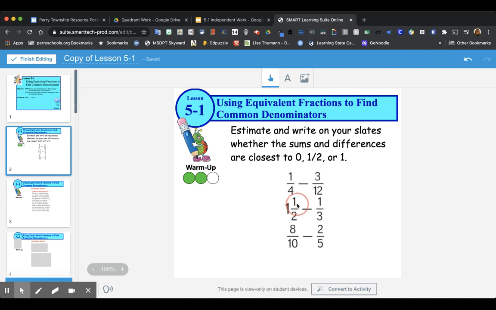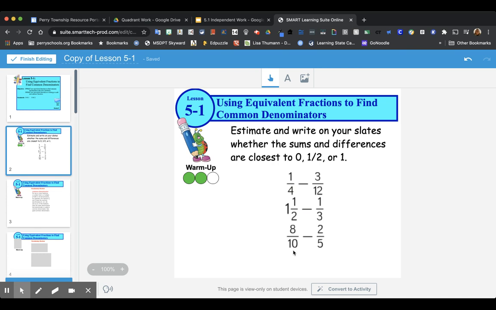We can leave 1/2 where it's at, and then we can think about 1/3. Would we round that to 0 or 1/2? Even if we rounded it up to 1/2, we would still have 1 as our estimation. And then finally, 8/10 minus 2/5.